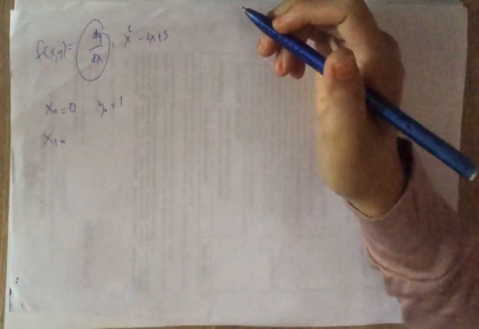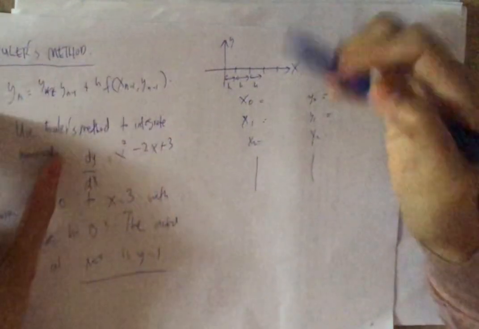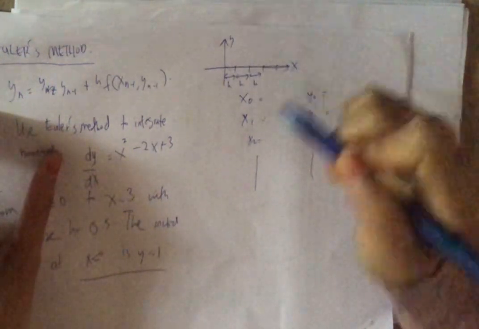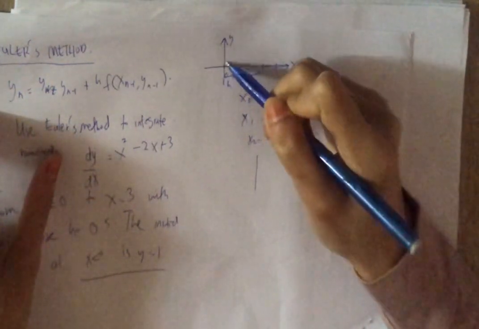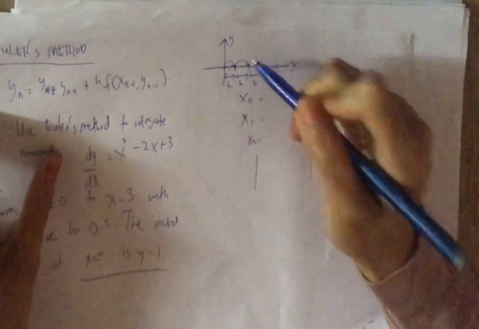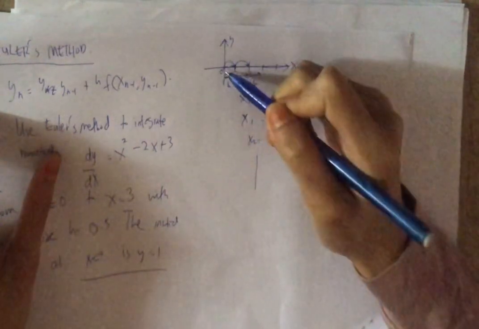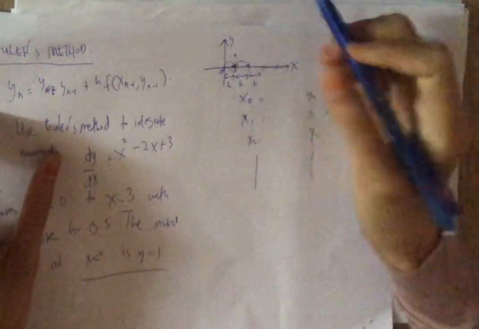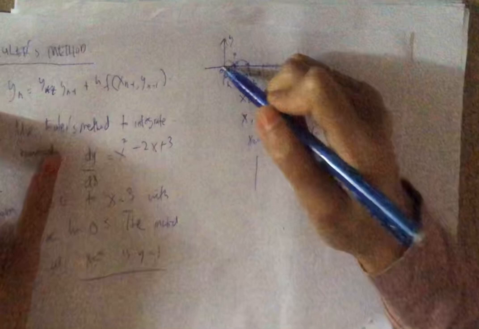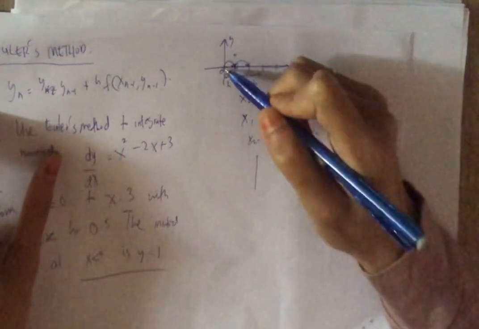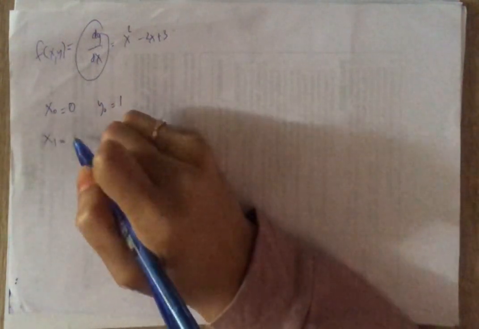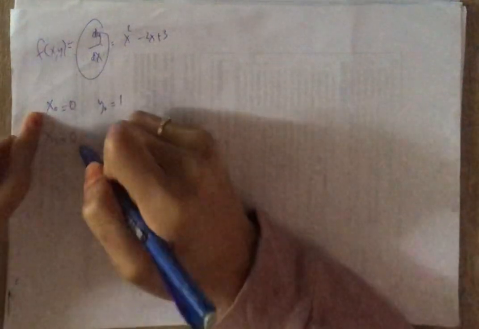Macam yang tadi saya dah tulis, I already drafted a graph here. This is the x axis. From this point to this point, for example from 0, to get this point, what do we do? 0 plus h. So your x1 is x0, which is 0, plus h.